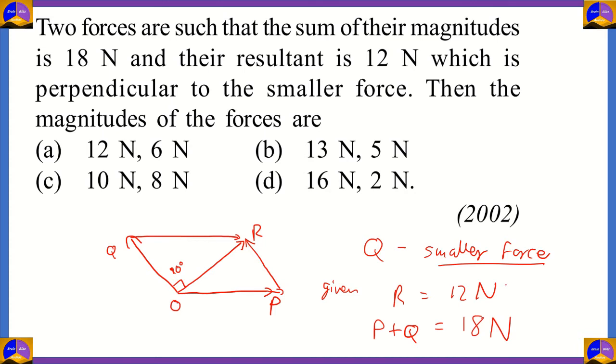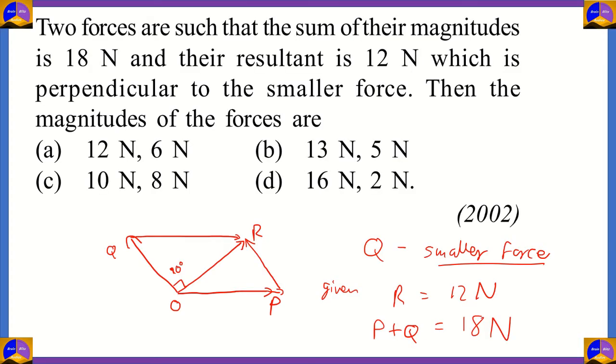So now if you look at this diagram, you see that vector Q and vector R are perpendicular to each other, so therefore OQR forms a right angled triangle.